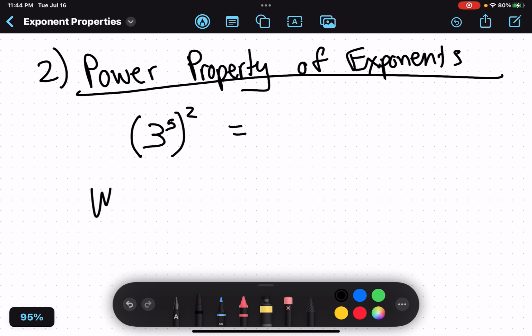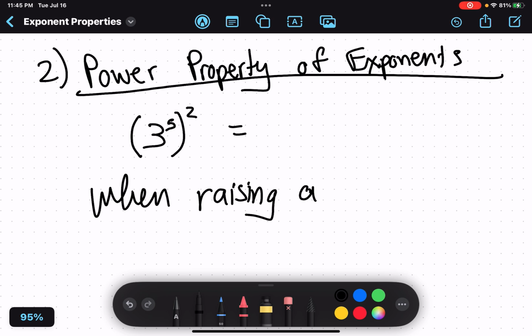So when we're raising a power to a power, then you multiply the powers.